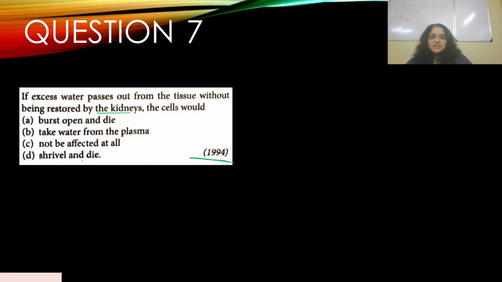Obviously the kidney is not restoring the water, so it can't take water from the plasma. Not be affected at all? No, there will be some change. D, shrivel and die. Yes, they will shrivel and die. So your answer should have been D. And we go to the explanation.